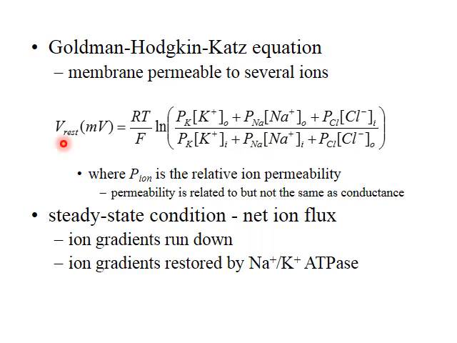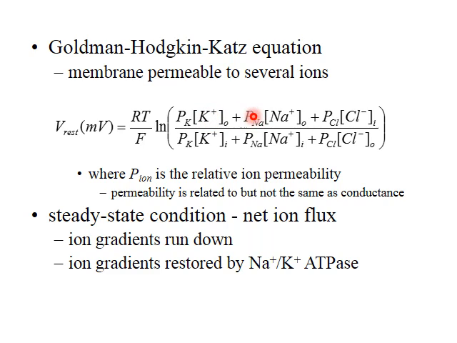Secondly, we see that this equation, the Goldman-Hodgkin-Katz equation, will simplify to the Nernst equation if a neuron is permeable to just one ion. So for instance, let's consider a neuron that's permeable only to potassium.